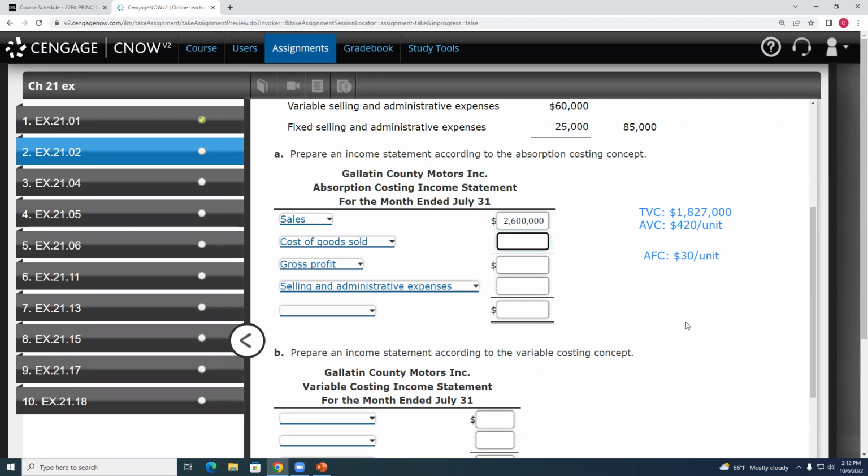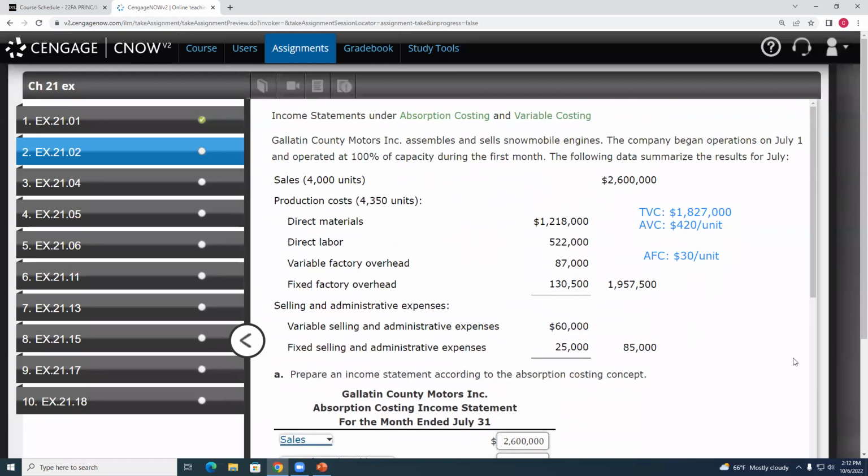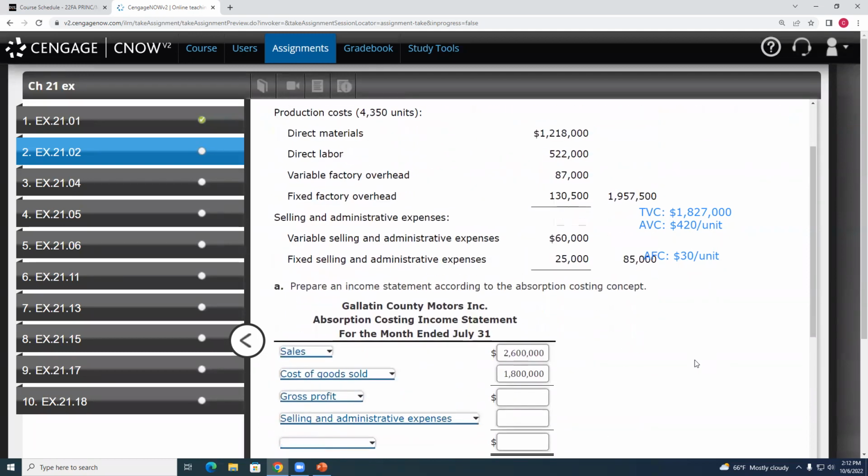So the 4,000 units we sold each had a full cost of $450. Cost of goods sold then is $1.8 million. Everyone okay with where that came from? We include both the variable and the fixed cost, so that's a total of $450 for the 4,000 units that we sold.